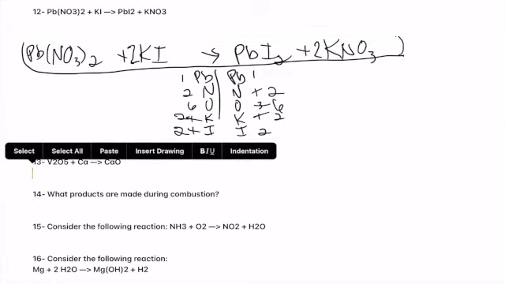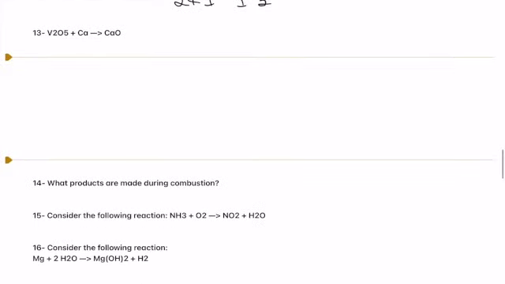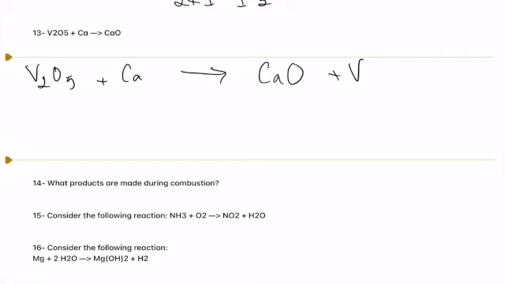And that's going to take us to 13. And our reaction here is incomplete. It didn't quite carry over. So I'm rewriting it here for us. That's 2 vanadiums, 5 oxygens, plus calcium there. And then a calcium and an oxygen, plus a vanadium.